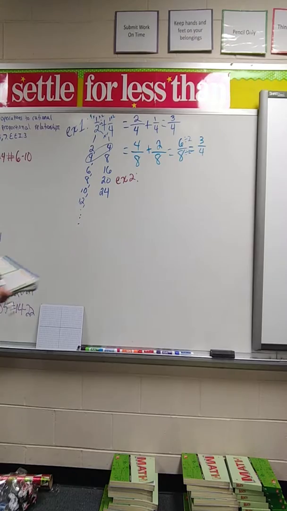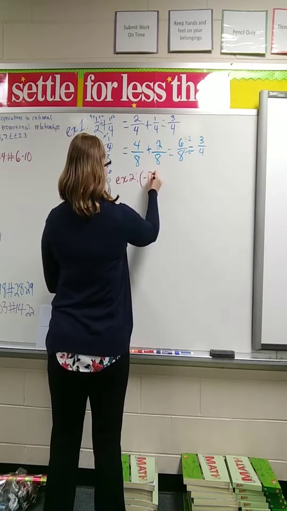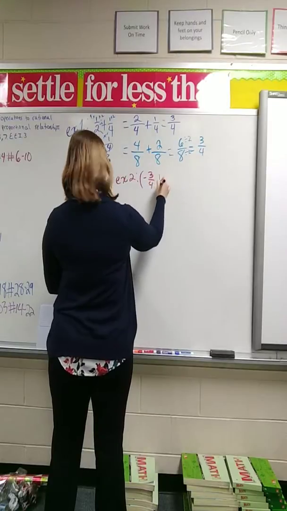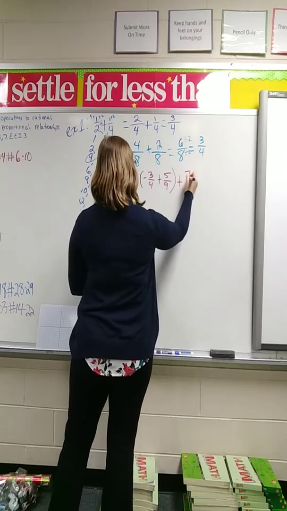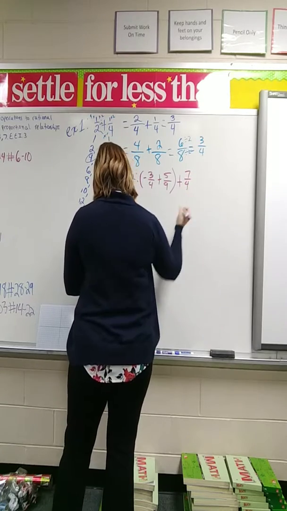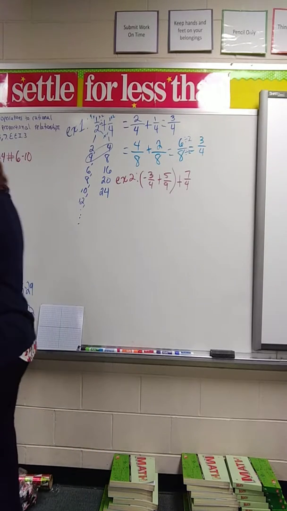Okay? In example 2, we have, in a set of parentheses, negative 3/4 plus 5/9. We're going to add to that 7/4. Alrighty.